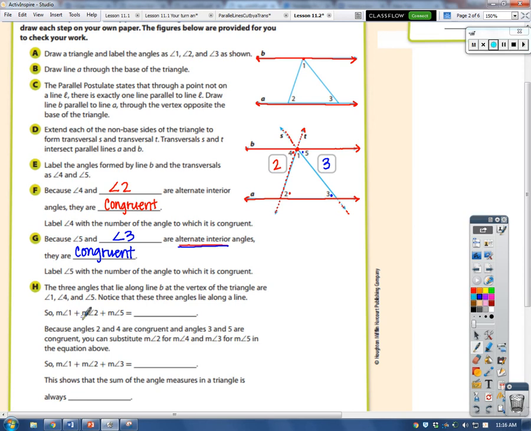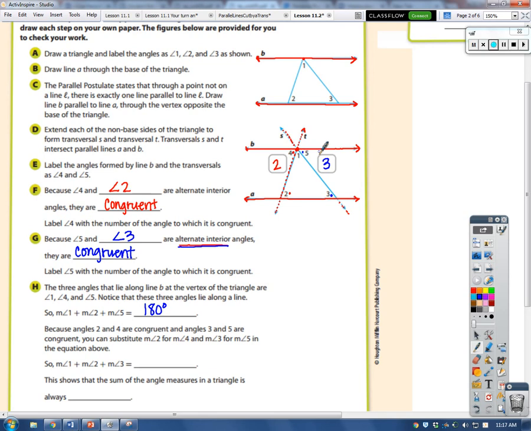So the measure of angle 1, the measure of angle 4, and the measure of angle 5 equal, well, what do we know about angles that lie along a straight line? They are supplementary, which means they equal 180 degrees, right? Because this is our line, these are our angles. All three of these angles combined would give us a straight angle and equal 180 degrees.